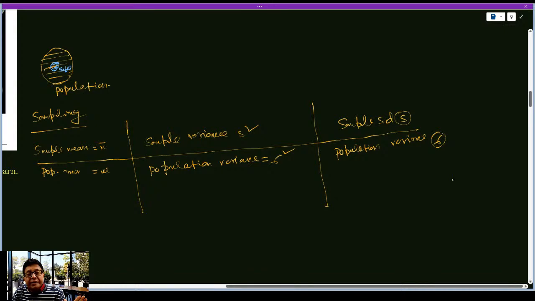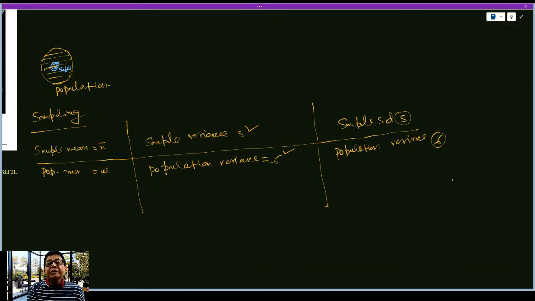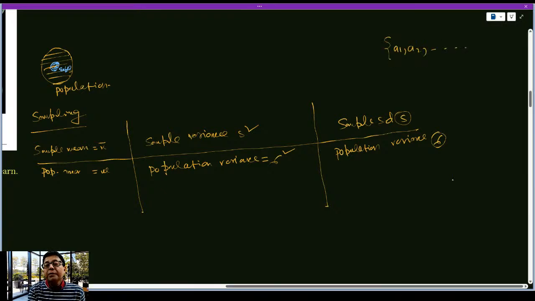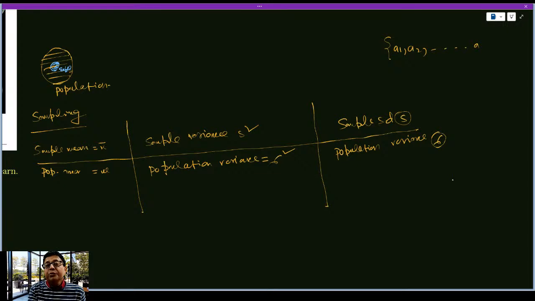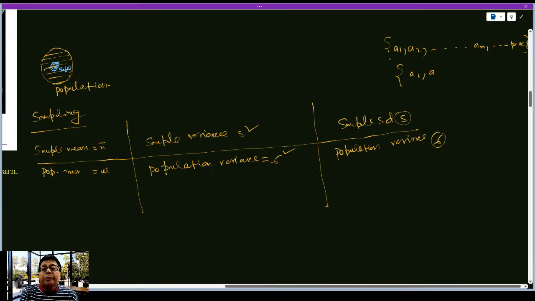So from any set, this is a question the board asked: from a set like the population with A1, A2, AN, this way it continues up to infinity. All members are taken in this manner. Question: can this be a statistic or population?